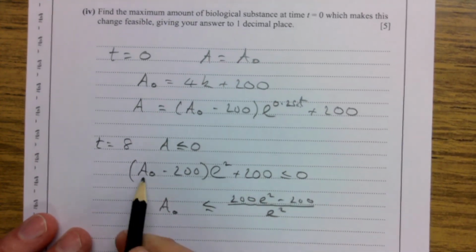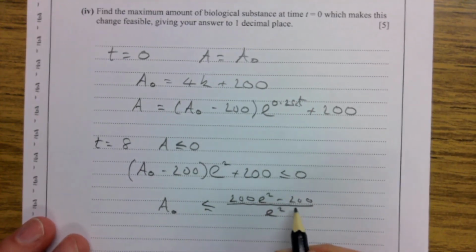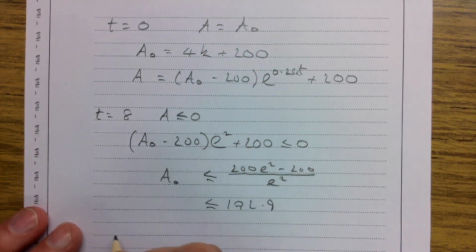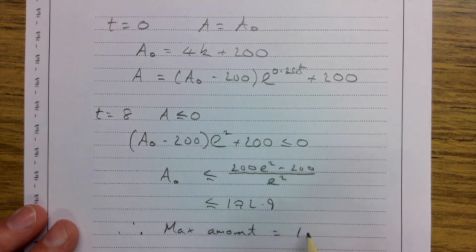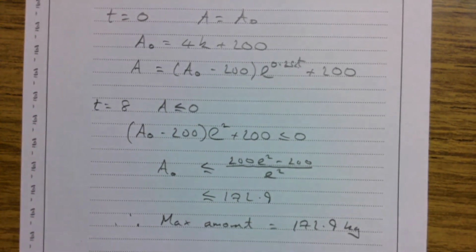So it was just me rearranging here to get the A0 on its own. It might take a couple of lines, we have that, and put that number into your calculator and you get 172.9. Therefore that's the maximum amount. 172.9 kilograms, and that's my answer to 1 decimal place.